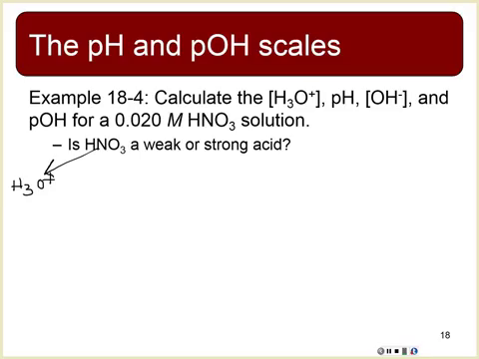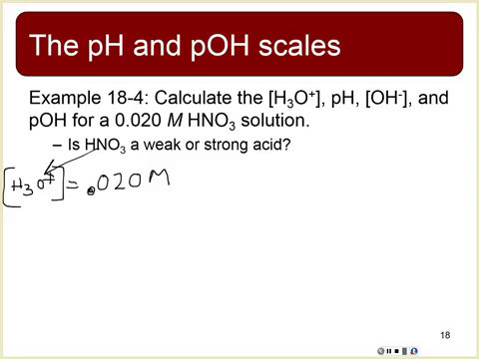So our H3O plus concentration is 0.020. On your homework, it's the same thing. I'll give you strong acids and bases, and then I tell you the molarity, and you just have to put it in the table. There's nothing to it, really. Just bring that number down.